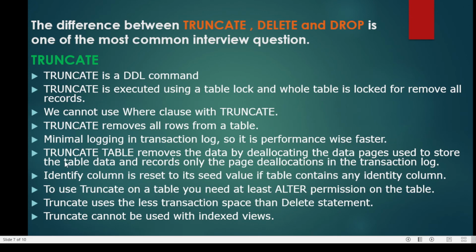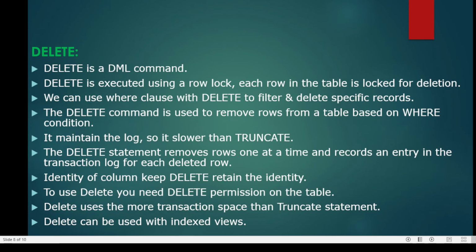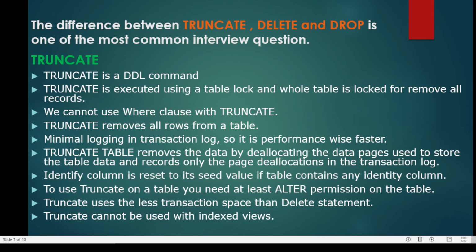Now the identity rule: truncate resets the identity, so it always starts with 1, but delete does not reset the identity. This is the major difference between truncate and delete.